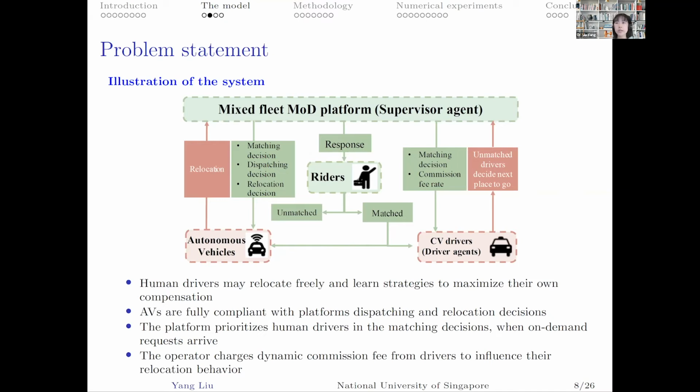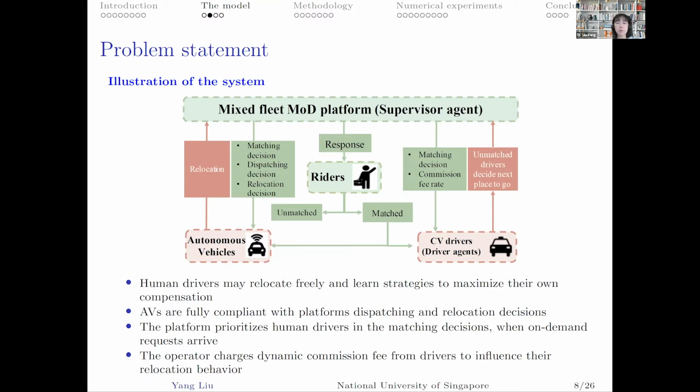In contrast, AVs are fully compliant with the platform's operations, so they will follow the decision order from the platform. To achieve a high level of service, we propose that the platform prioritize the human drivers in the matching decision, so that we protect the benefit of human drivers.